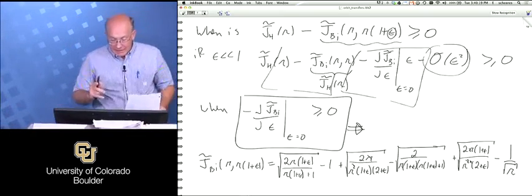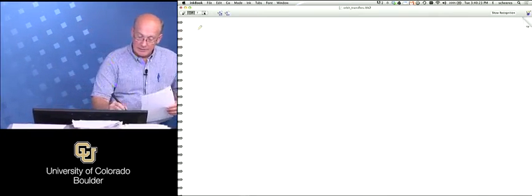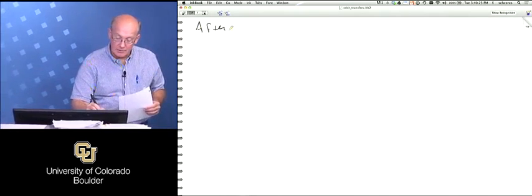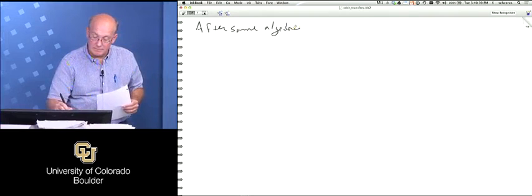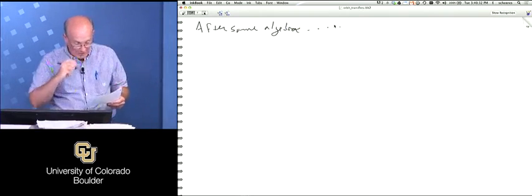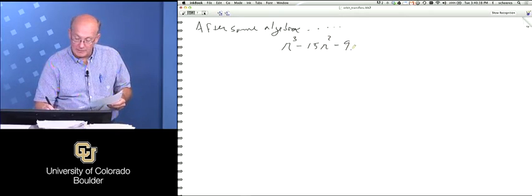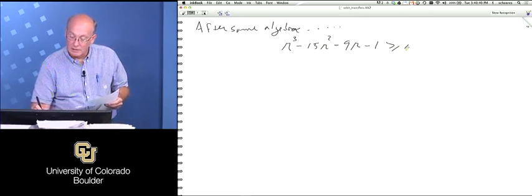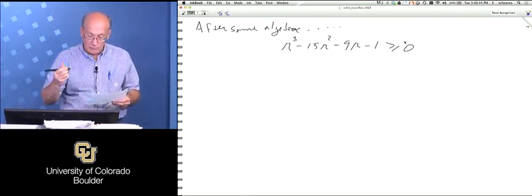Okay, anyway, if we do this, after some algebra, we end up with the following polynomial: r cubed minus 15 r squared minus 9r minus 1 should be greater than or equal to 0 for that to hold true.